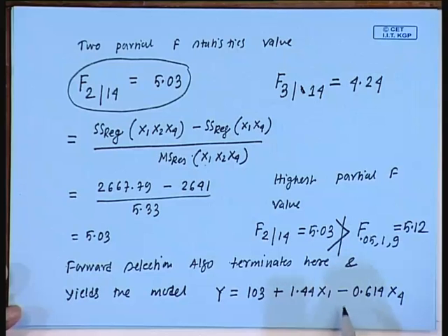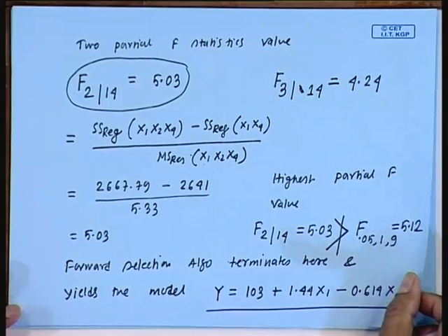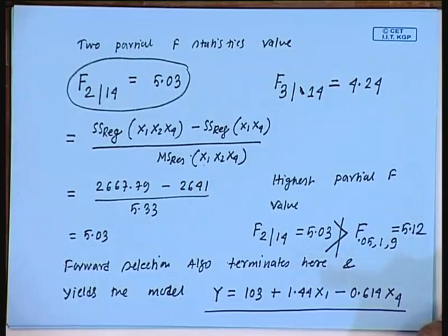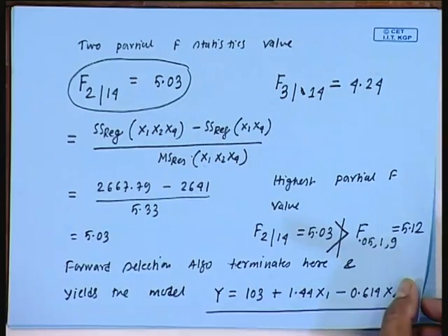The final model involves x1 and x4. So this is the output of forward selection, and next we move to stepwise selection.